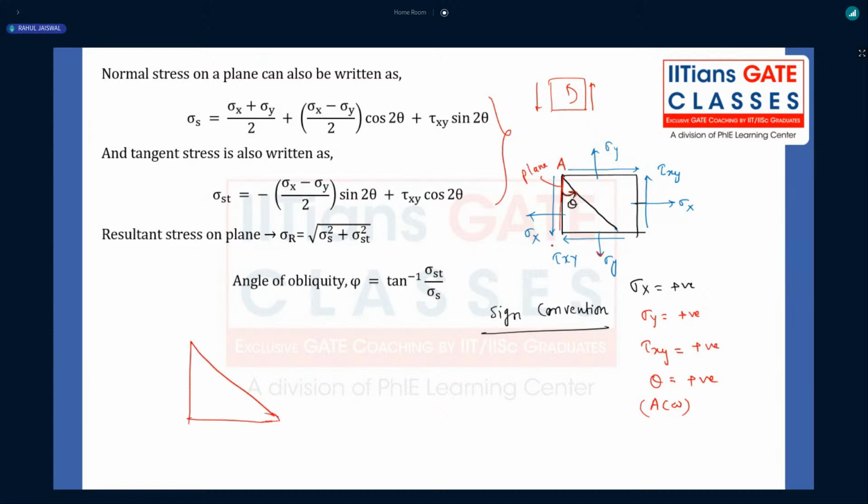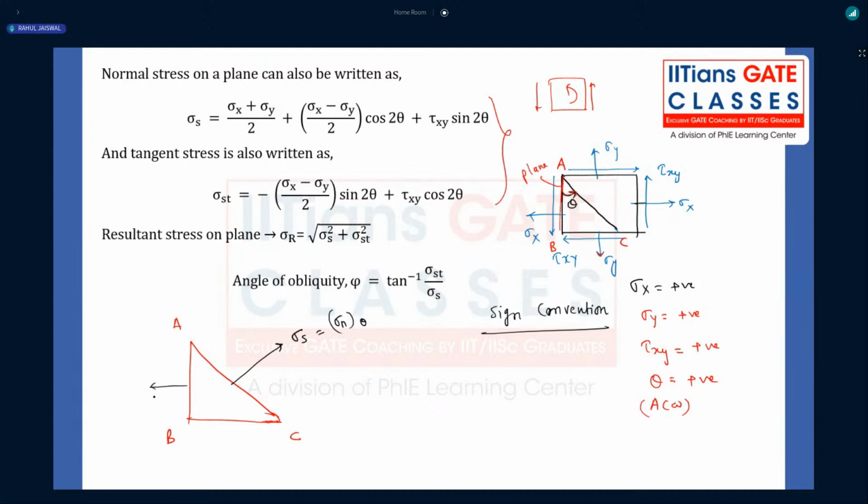So if I take this element, A, B, C, on the ABC plane this will be sigma n theta, and this will be tau st. I can call this sigma n theta. And what about tau st theta?